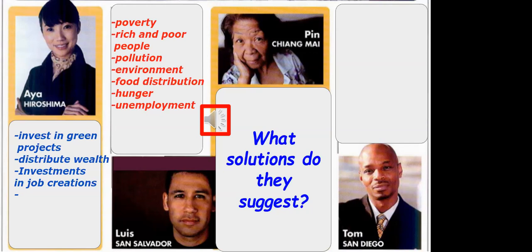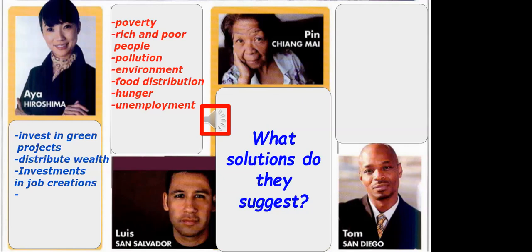Pin from Chiang Mai. The biggest challenge, the eradication of hunger. I really wish someone would find a solution. You see all these poor, starving people. 16,000 kids die every day from starvation. No one should be hungry in this day and age. The problem is mostly one of food distribution.